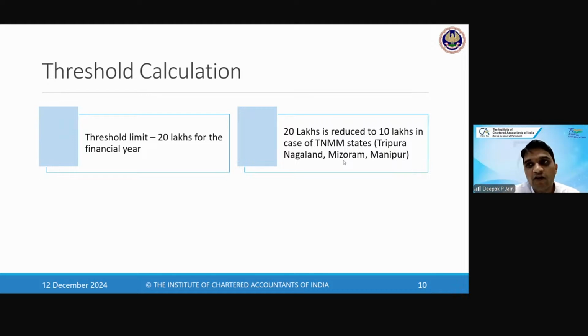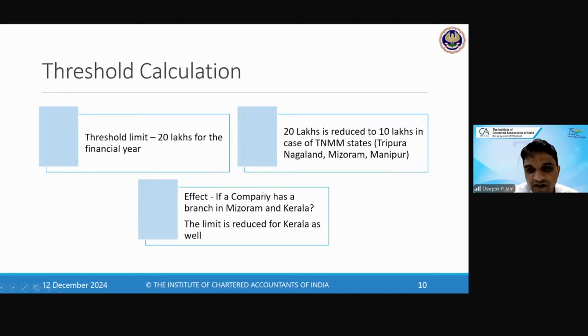So the effect of this is that if your threshold in the state crosses, if a company has a branch both in Mizoram and Kerala, then the limit in Kerala also is reduced to 10 lakhs itself. Because if you have turnover of say 7 lakhs in Mizoram, 7 lakhs in Kerala, then your threshold limit is crossed in Mizoram.